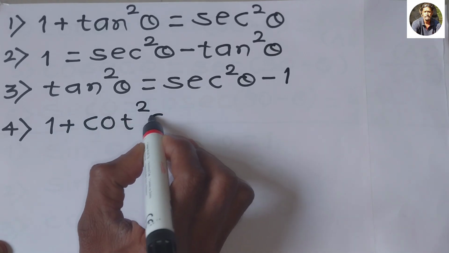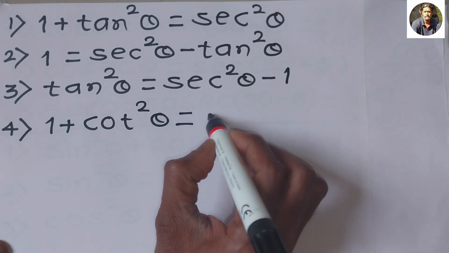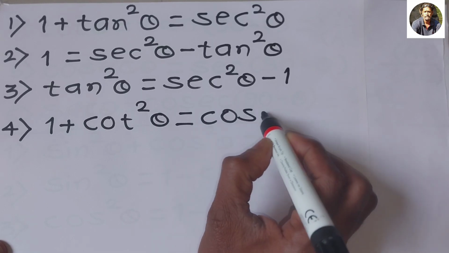Then the next identity, that is 1 plus cot²θ is equal to cosec²θ.